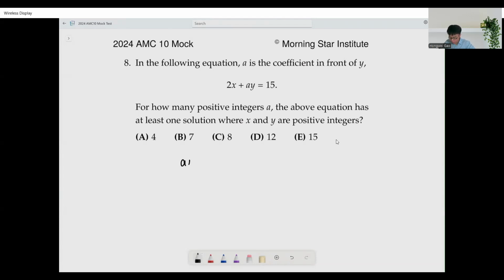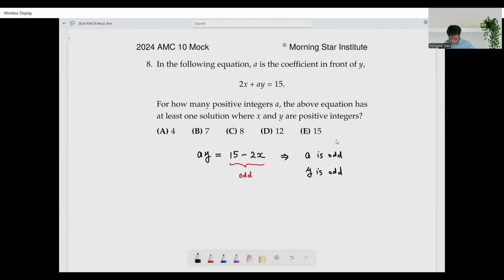So a times y equals 15 minus 2x. If we have a solution x, y, positive integers, we notice that 15 minus 2x must be an odd number. So ay is an odd number. That just means a should be odd, and also y is odd.